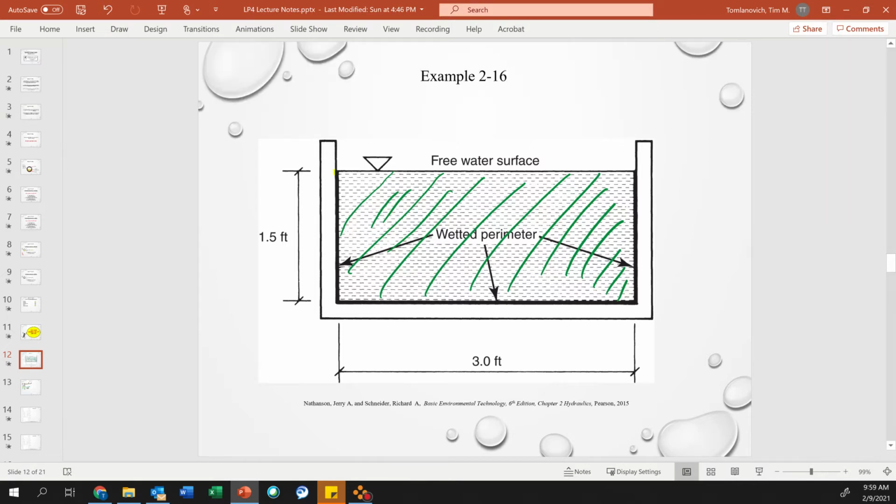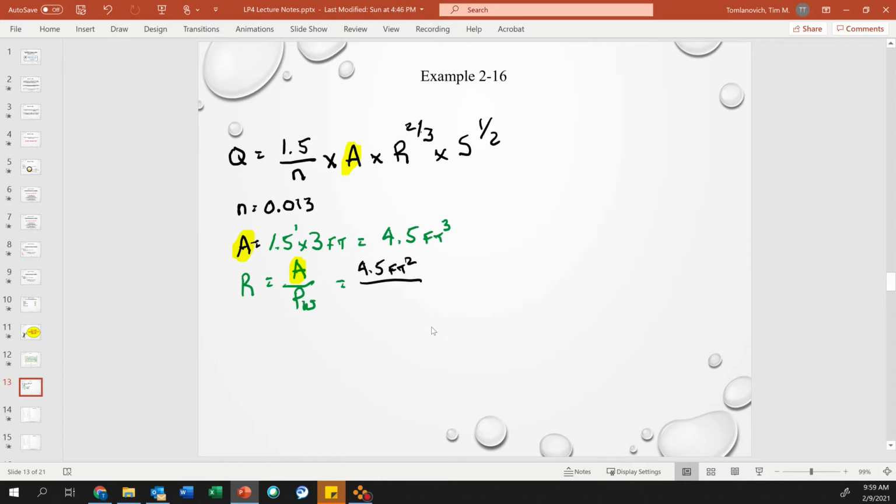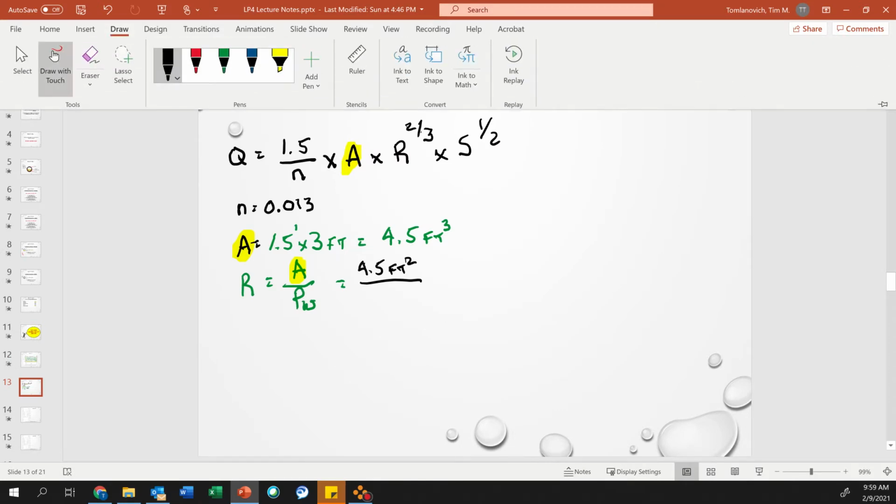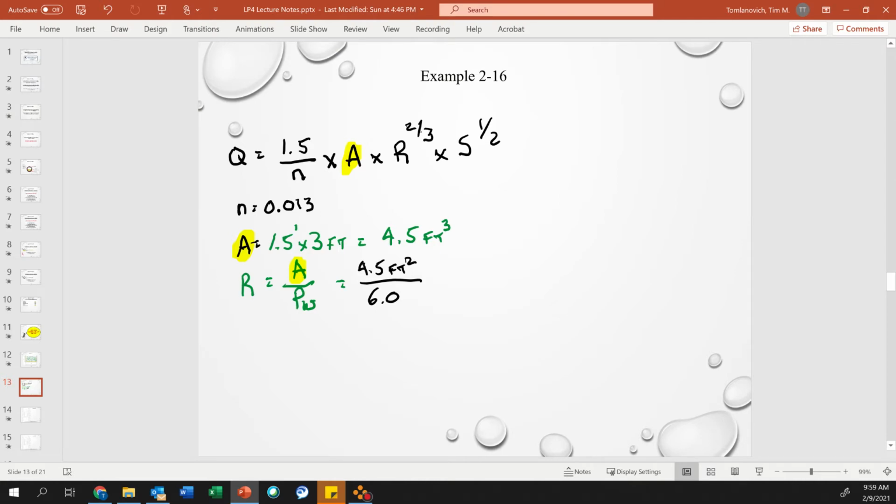So we have 1.5 feet plus 3 feet plus 1.5 feet. So 1.5 plus 1.5 is 3, plus 3 is 6 feet. So I have a wetted perimeter of 6 feet because it's a square channel. So we divide 4.5 by 6.0 feet, and I get 0.75 feet.